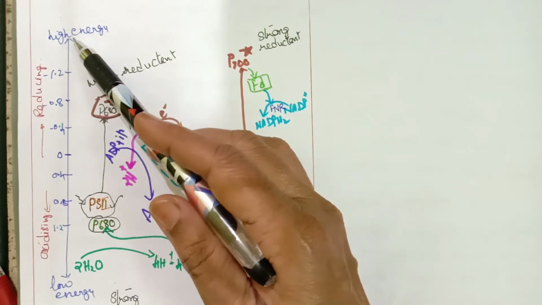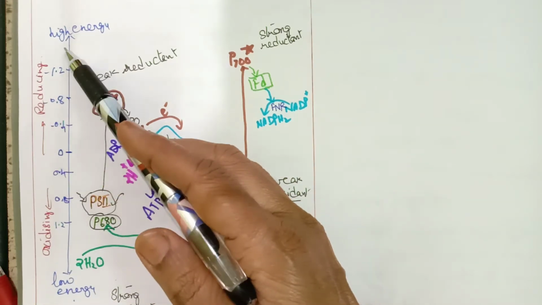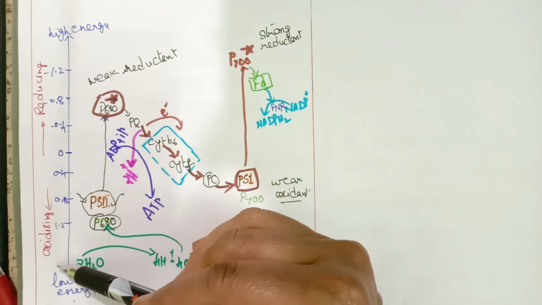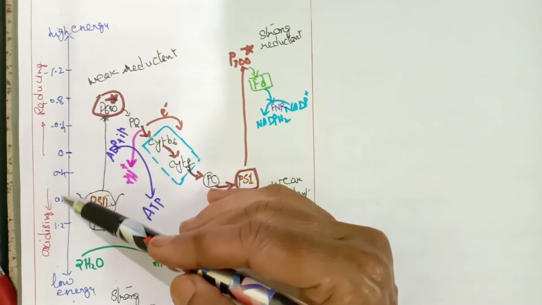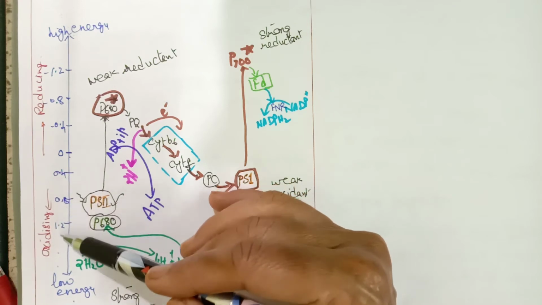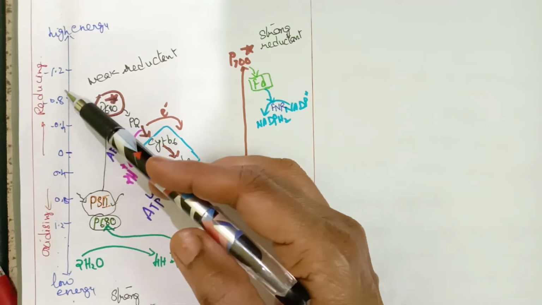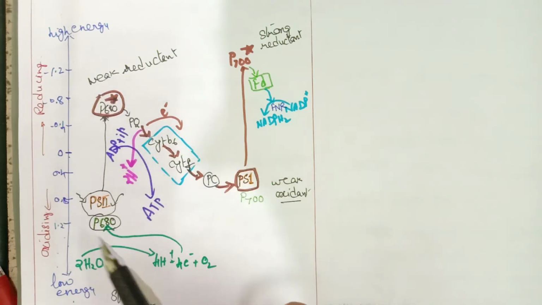This side is of high energy, this side is of lower energy, and this side is a reducing property, this side is an oxidizing property. I have given a scale 0, below the 0 oxidizing property I have given as positive values 0.4, 0.8, 1.2. The other side I have given negative values 0.4, 0.8 and minus 1.2.